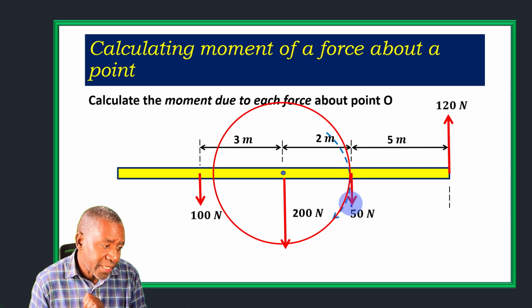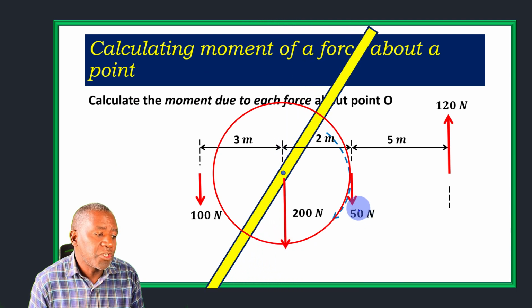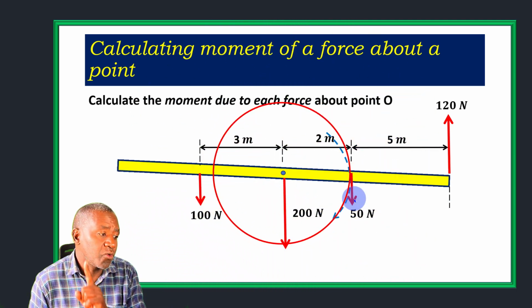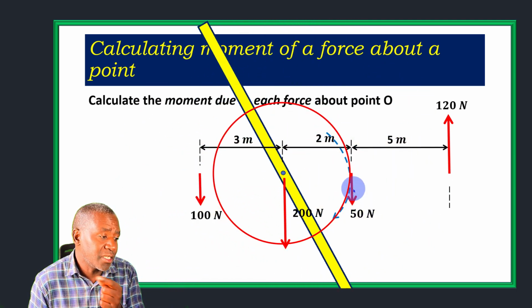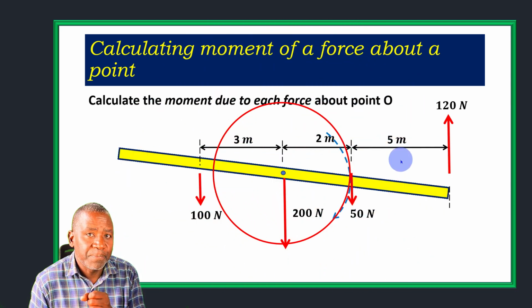When you look at the direction of this arrow, the direction of the turning will be in the same direction. At least at this point, the circumference will have the same direction as this arrow. And you can see that if the 50 Newton force was the only force acting on that system, it will turn that object clockwise about that point.